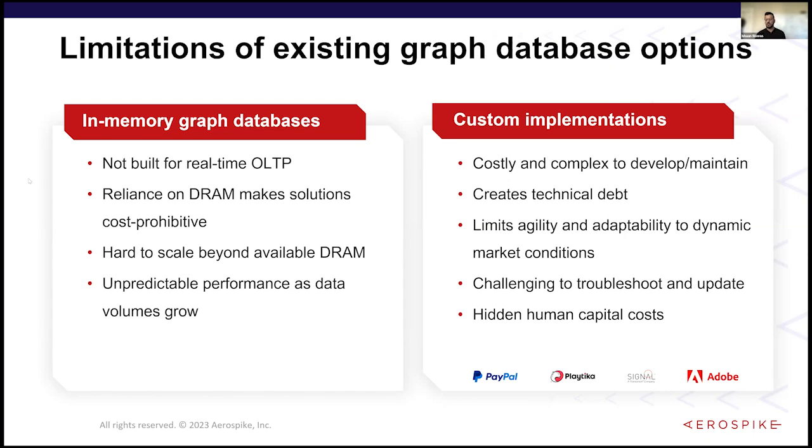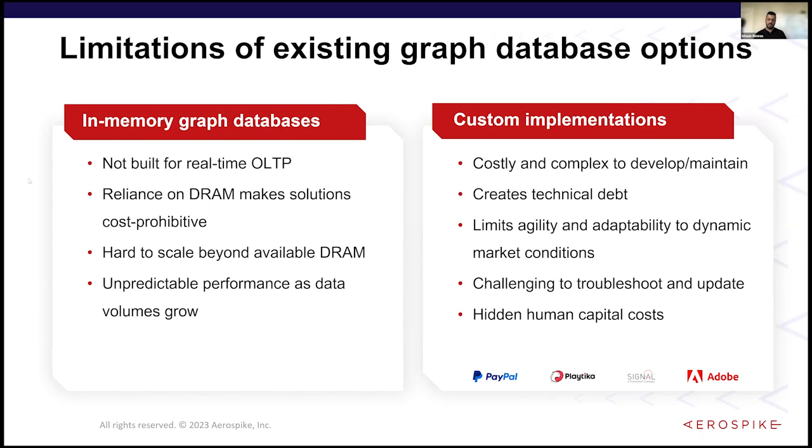So they usually require you to cache most of your data, if not the entire data, in DRAM, which makes it really hard to scale beyond the memory footprint of your machine. And so naturally, your performance is also unpredictable as your data volumes grow. Because the moment you have a cache miss in your DRAM, you're seeing disk speeds, which you can't really afford when you're trying to save money and detect fraud.